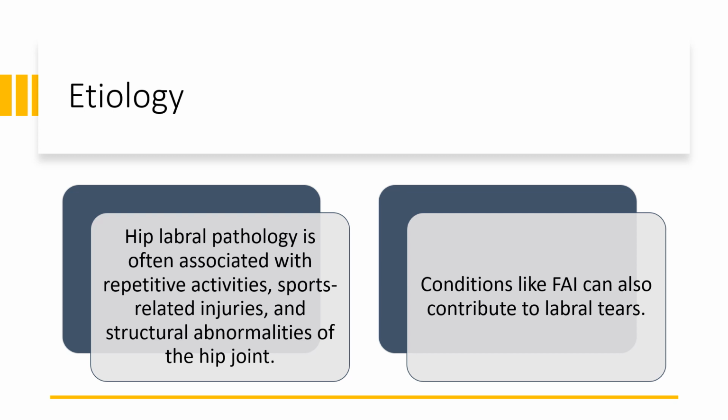So could it be traumatic? Yes. We see a lot of it from femoroacetabular impingement syndrome, and we see it from repetitive activities, like deep squatting, or even possibly some type of traumatic injury.